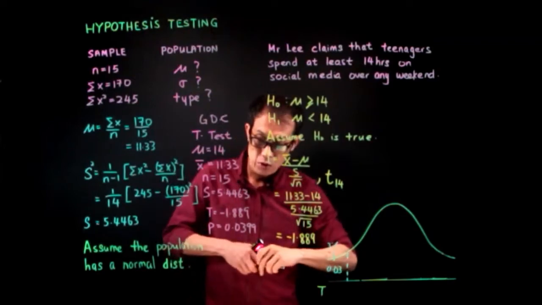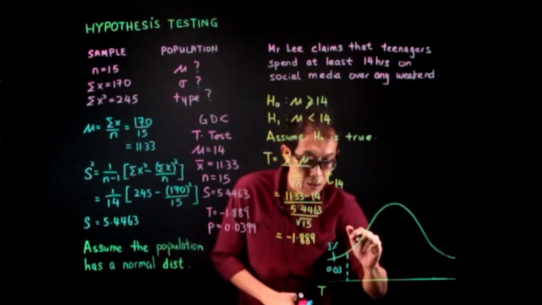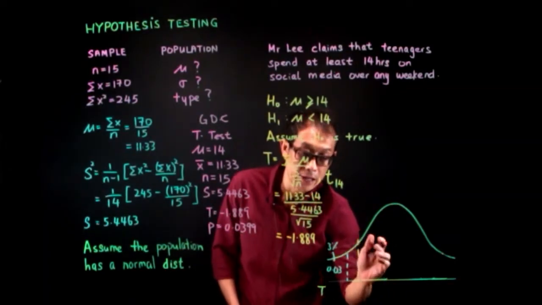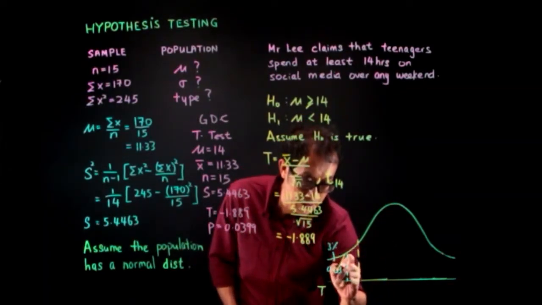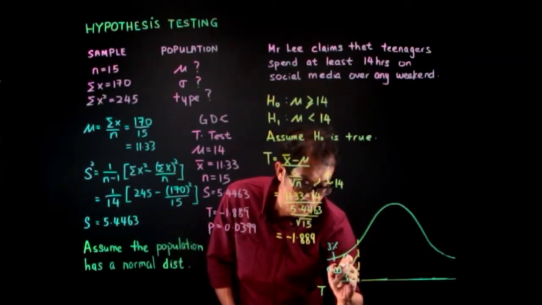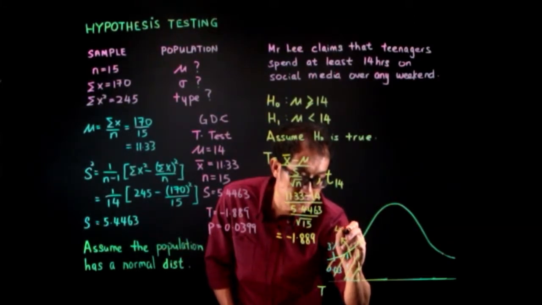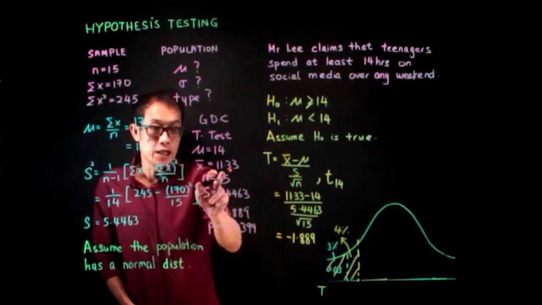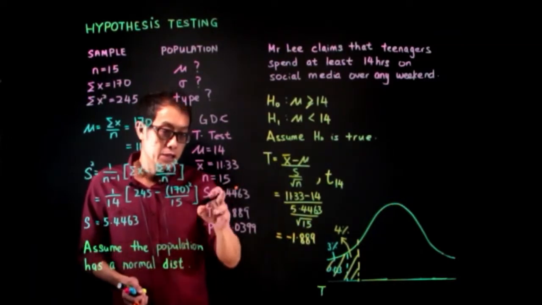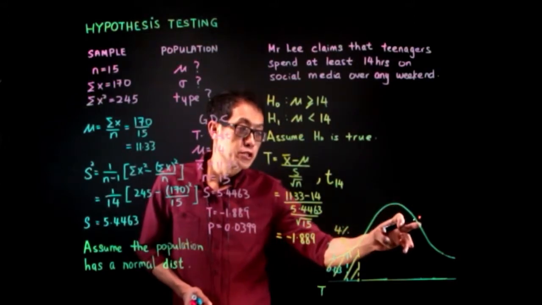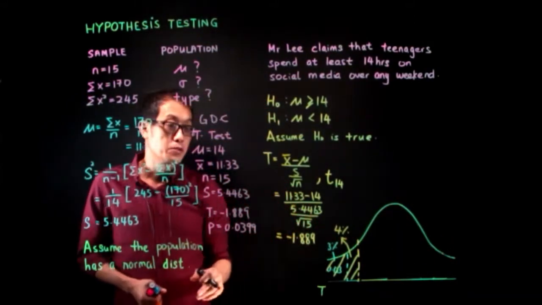So this 4% will be on the right. This part, the orangey yellow one, is 4%. Now, where is 11.33? 11.33 is not here because this is your t distribution.